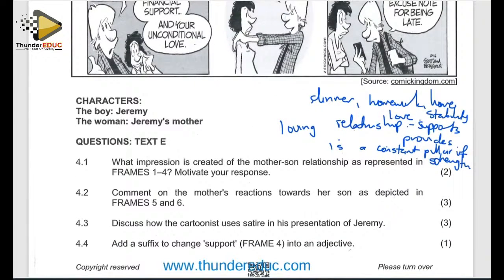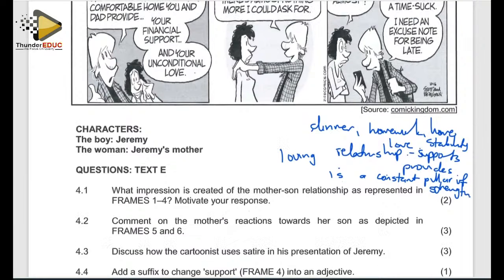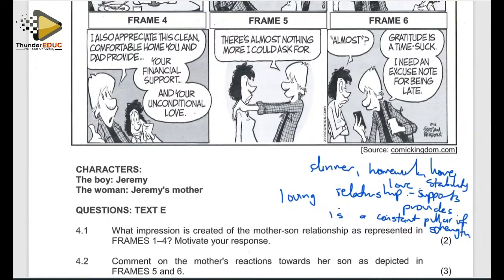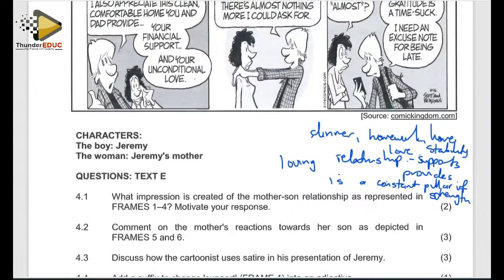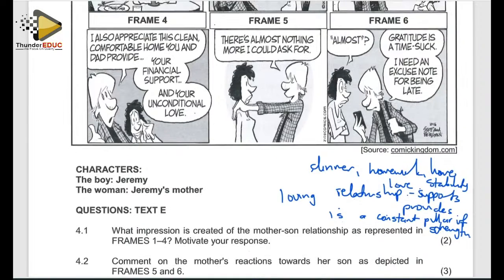4.2, comment on the mother's reaction towards the son as depicted in frames 5 and 6. In frames 5 and 6, the mother's reaction towards the son is wide open eyes. When she has wide open eyes, I believe we are realizing the reaction is shock that Jeremy has left out a certain piece of gratitude and did not give it all, because he said almost.